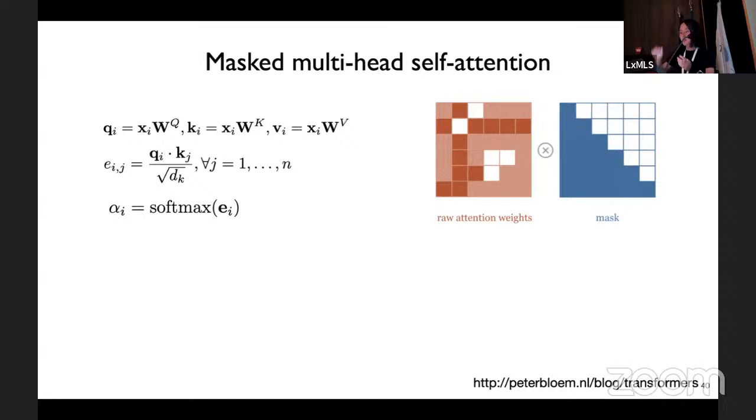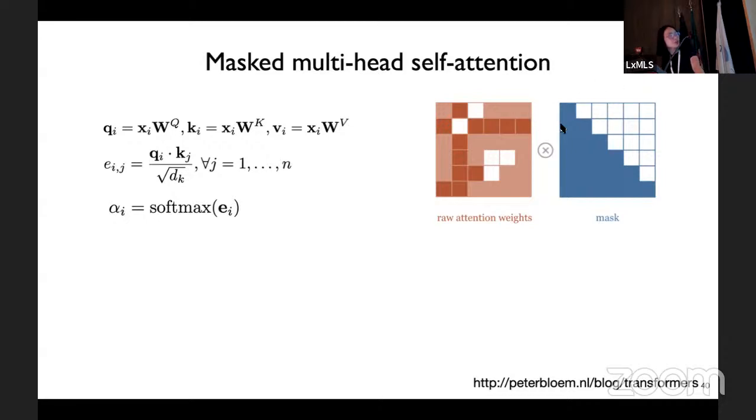That means that after we get the probabilities, we zero out all the probabilities that are above the diagonal of this matrix. So all these values should be 1, and all these values should be 0. That means we zero out all the attention probabilities for the future context. We don't allow the current word to see the future words.